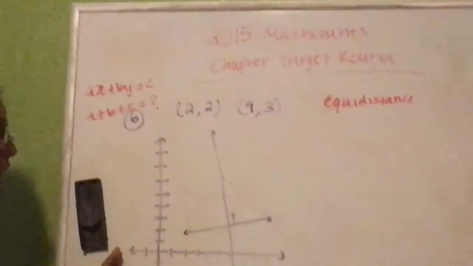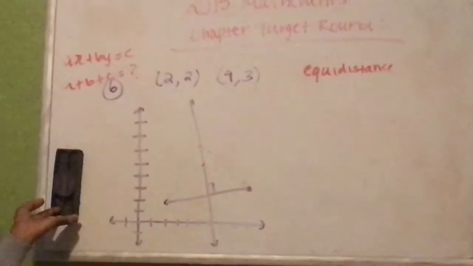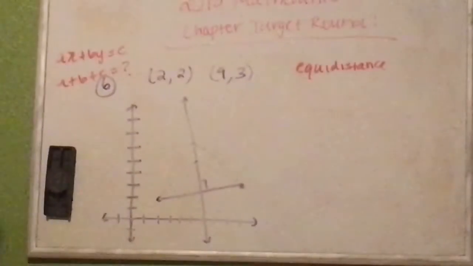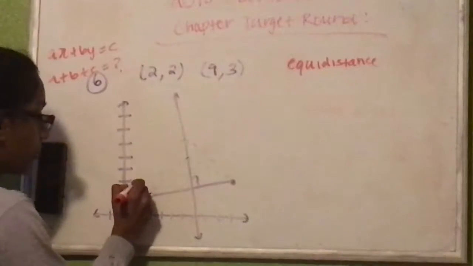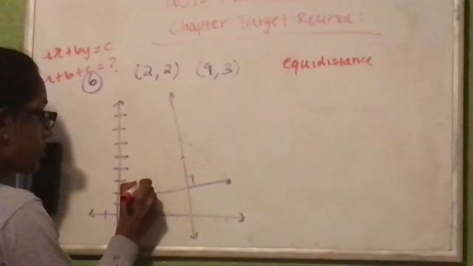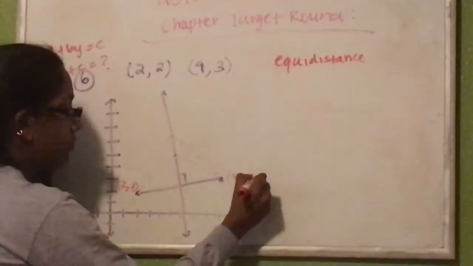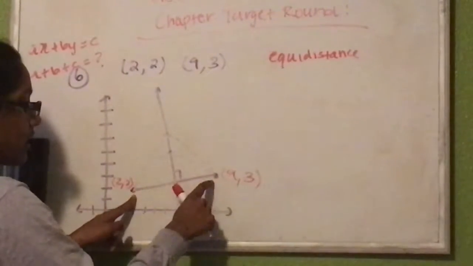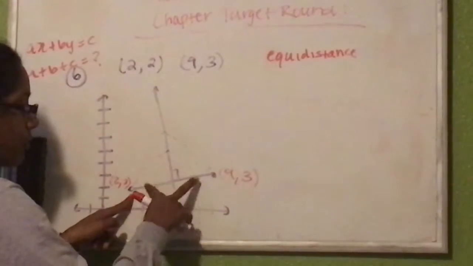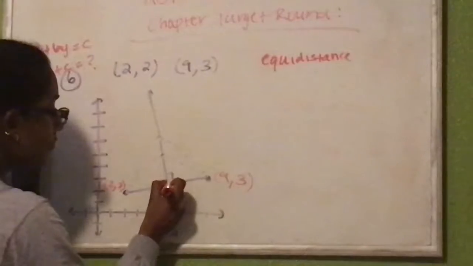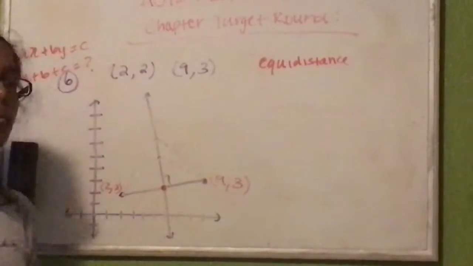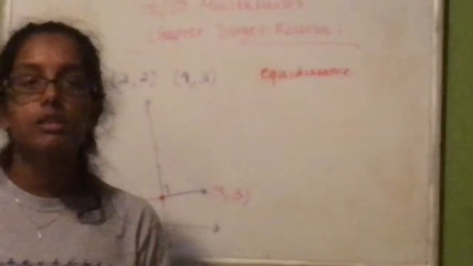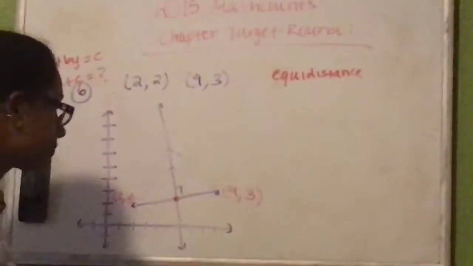So I've gone ahead and drawn a coordinate plane and plotted my 2 points right here. So this is (2, 2) and this is (9, 3). This is the line going across from both of the points. Now, before we go into this problem, I want to mention one thing first.